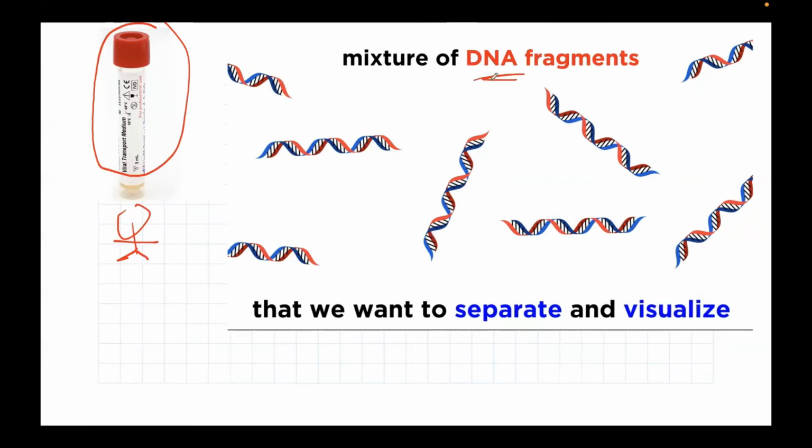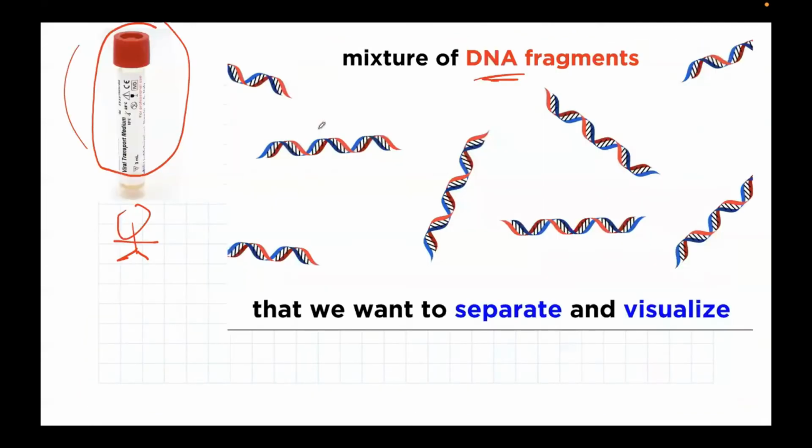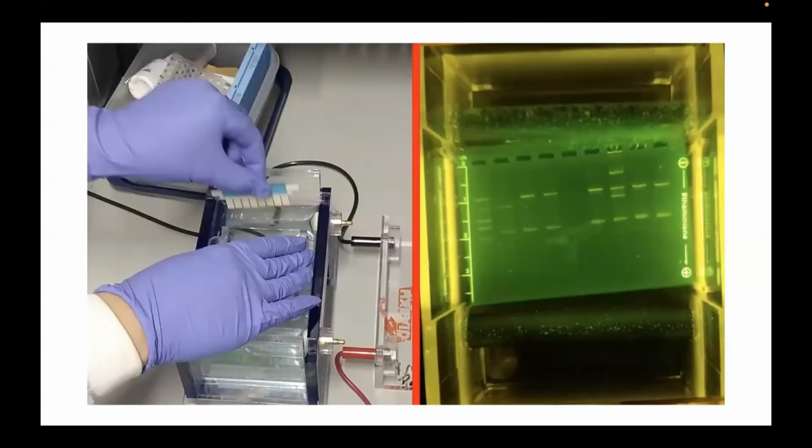Gusto mong malaman yung DNA na nakapaloob sa sample cup na to. So, you will be using gel electrophoresis. In front of you is an illustration of a setup of your gel electrophoresis, to know the DNA na nakapaloob for your sample.